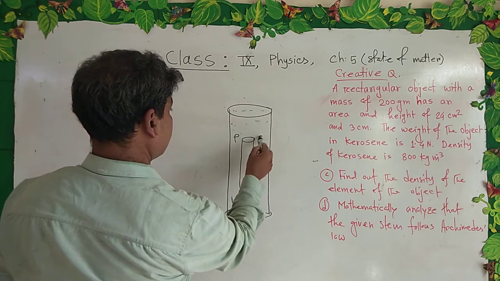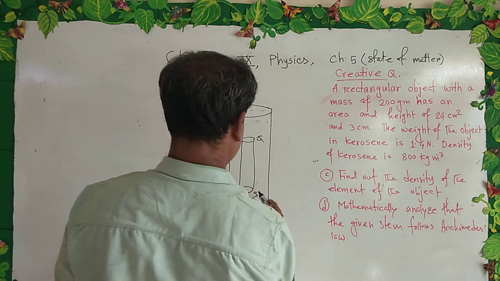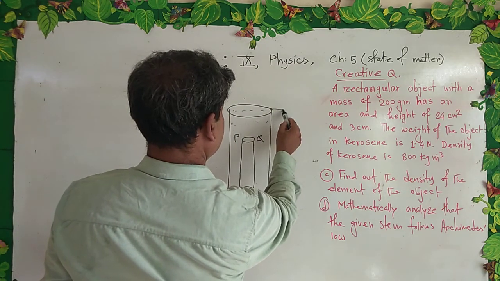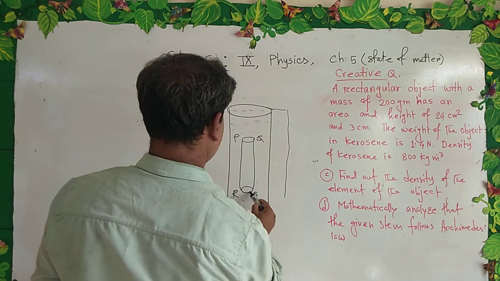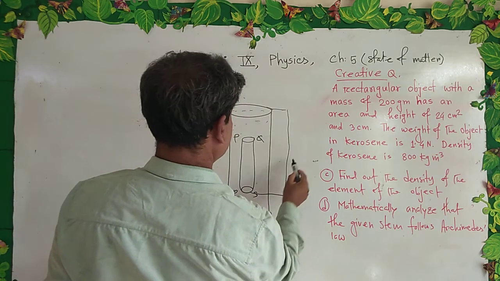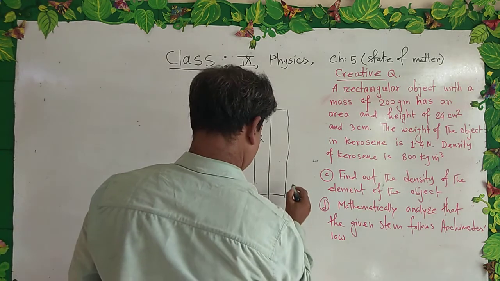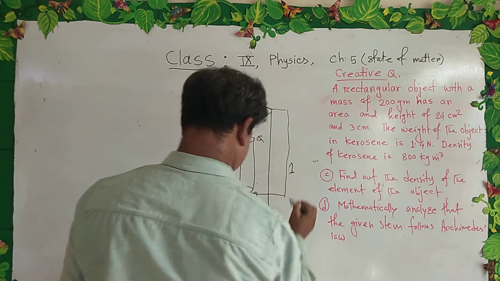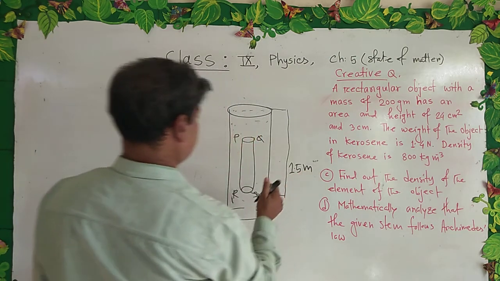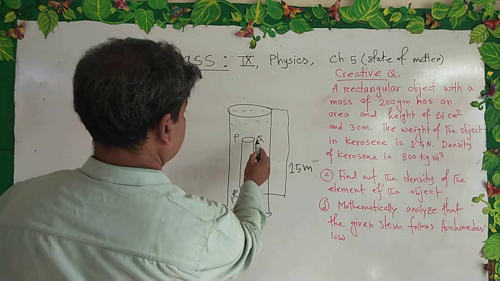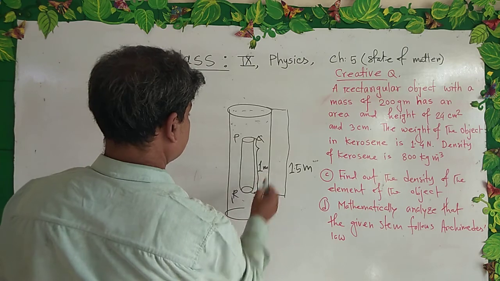This is the PQ surface, RS surface, and the depth of the jar from the upper portion to the lower portion of the cylinder is 1.5 meter, and the length of the jar is 1 meter.